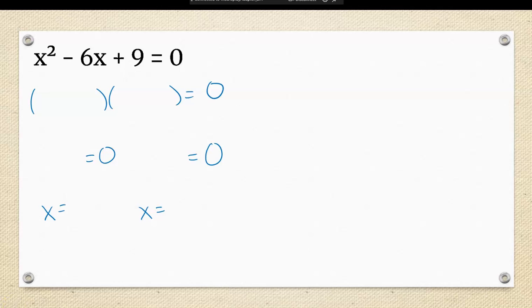If you're stuck, you're thinking what multiplies to give me 9 and what adds to give me negative 6. A little bit of a switcheroo.